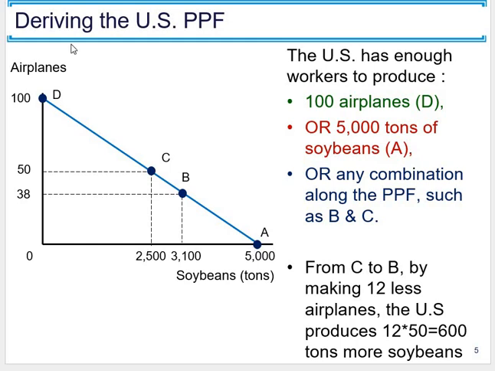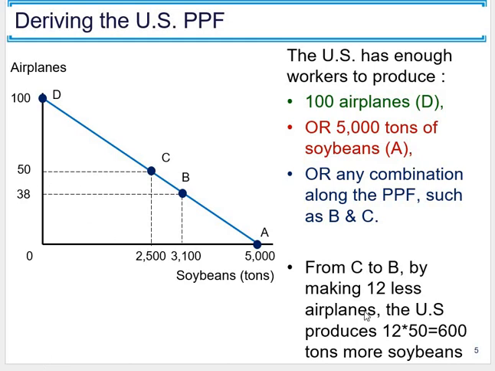Which means the workers who can make 1 airplane can also make 50 tons of soybeans. Make sense? That's the rate of change.